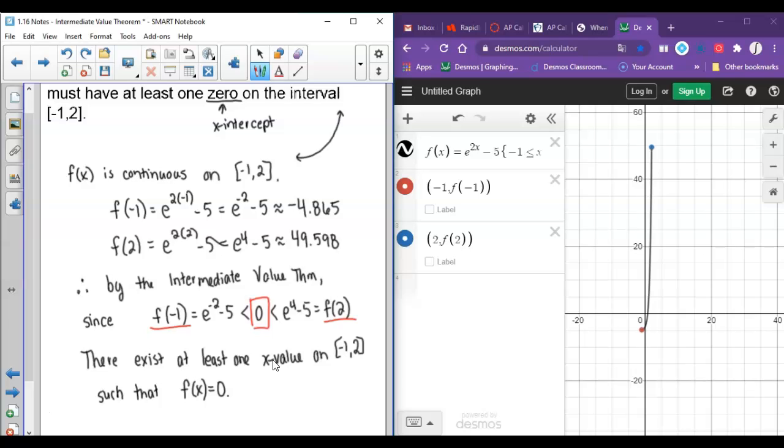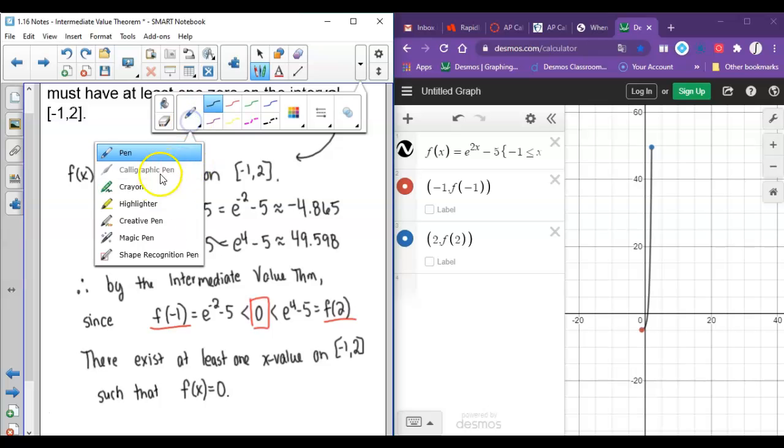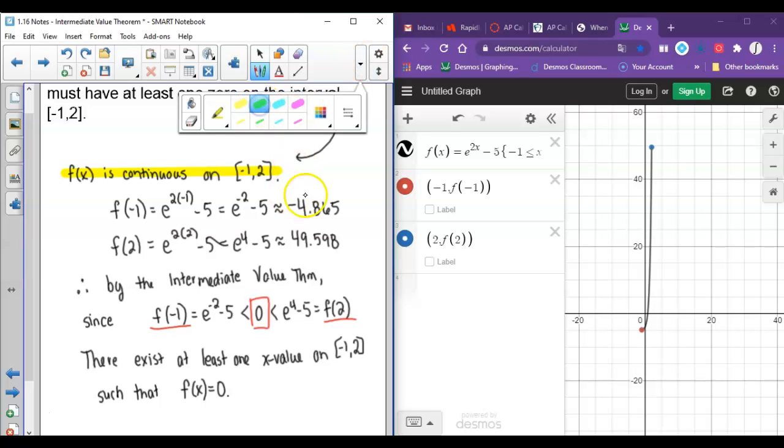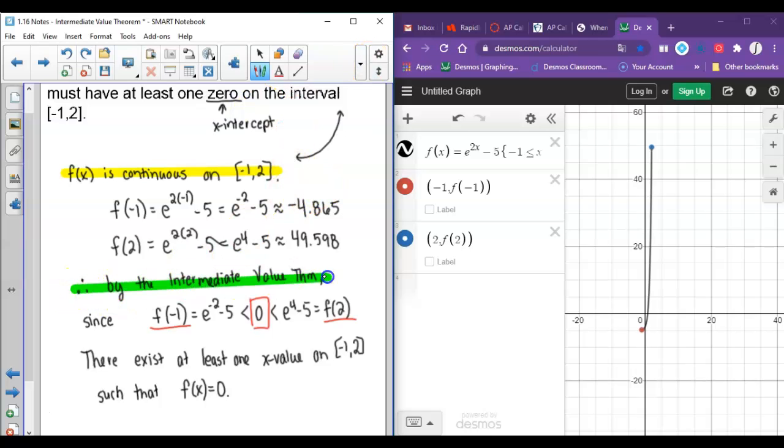Whenever you do the intermediate value theorem, you must include several parts. So it is essential for intermediate value theorem, first of all, for you to say that f is continuous. If f is not continuous, intermediate value theorem does not apply. Second, it is essential that you say by the intermediate value theorem.